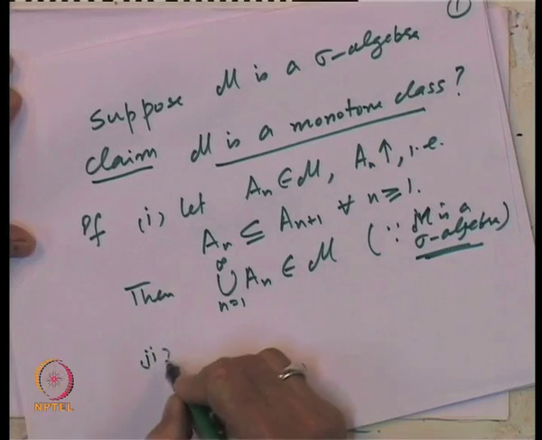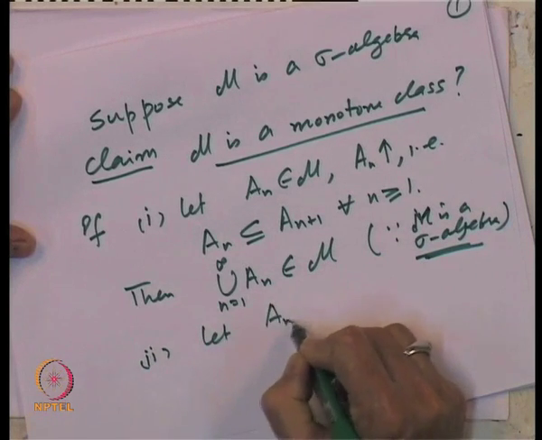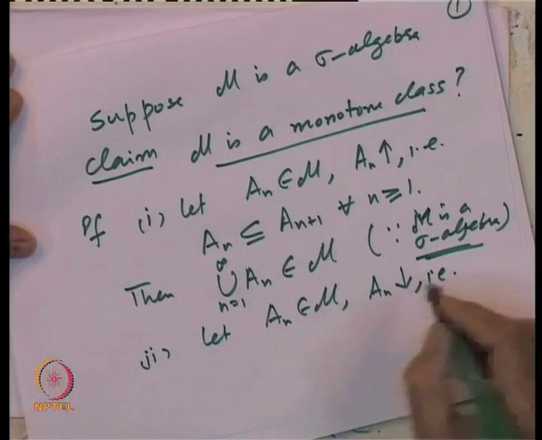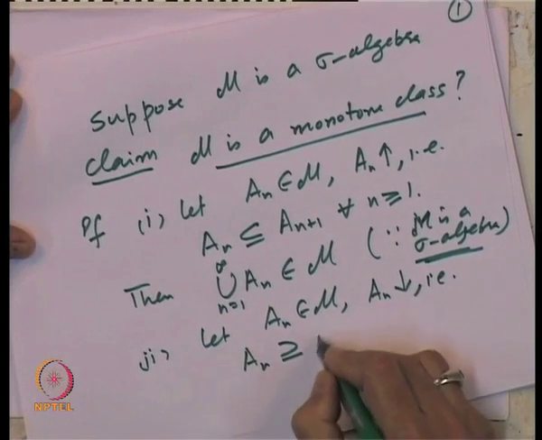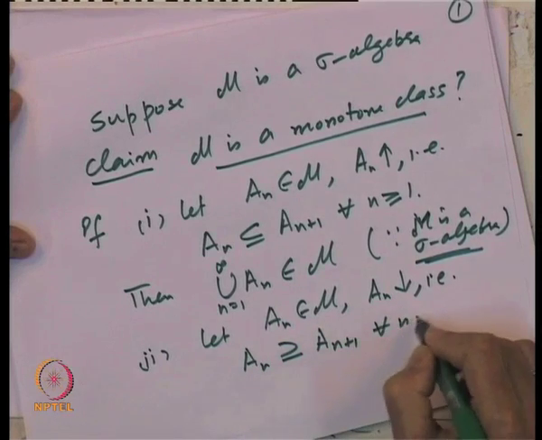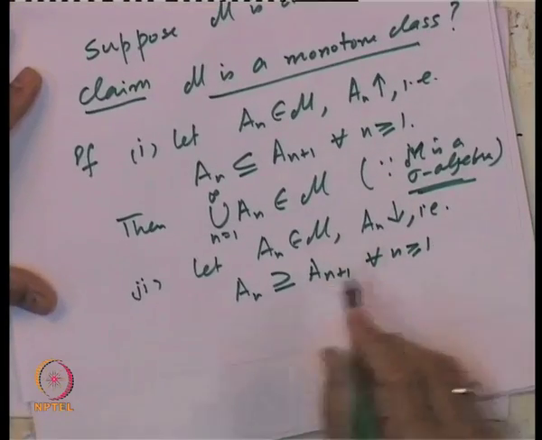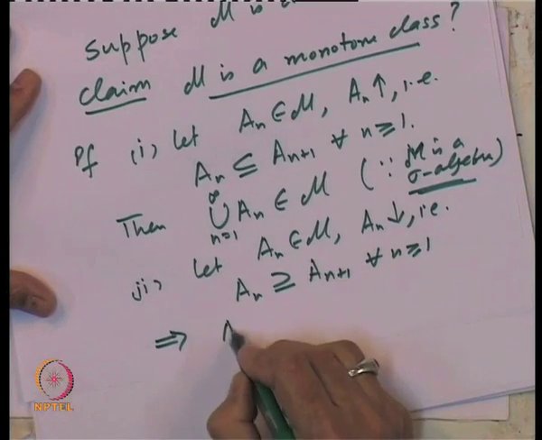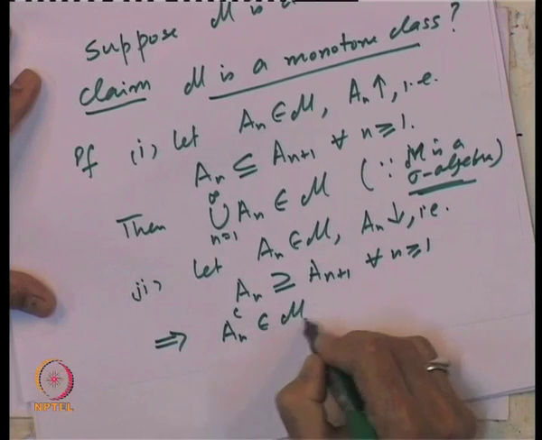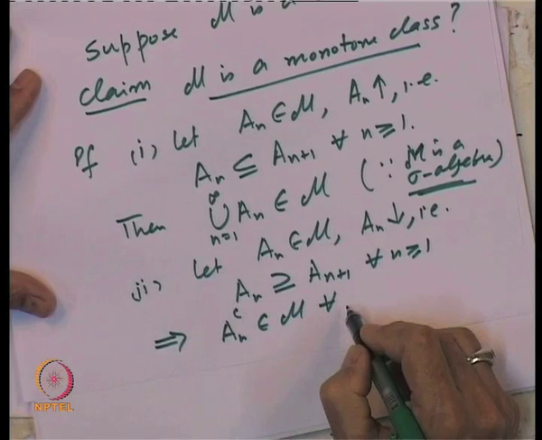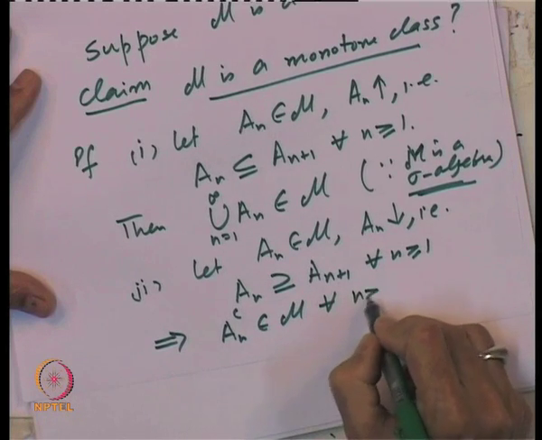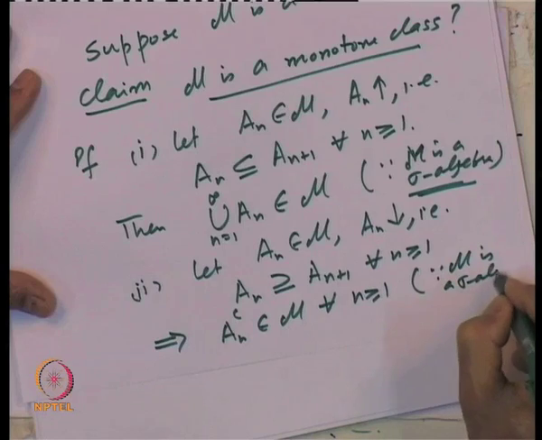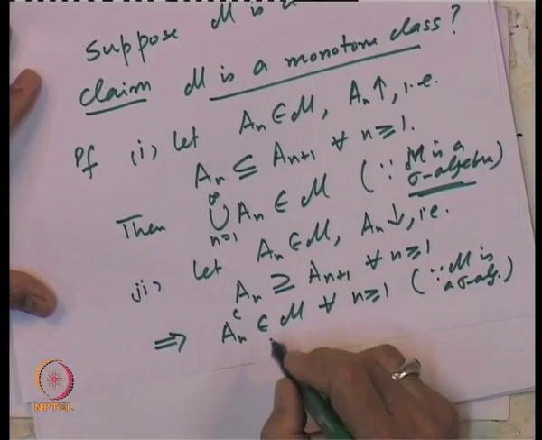And secondly, let A n belong to M and the A n's decrease. That is, A n includes A n plus 1 for every n bigger than or equal to 1. In that case, because the A n's belong to M and M is a sigma algebra, the A n complements belong to M for every n bigger than or equal to 1. Because it is a sigma algebra, it is closed under complements.